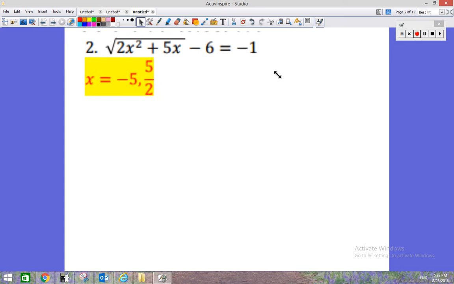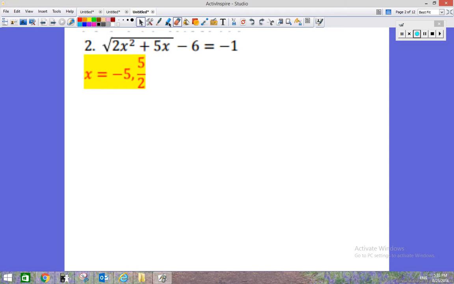In the next one, I don't want to jump in and square both sides of the equation right now because the term that has my radical is not by itself. I need to add 6 to both sides of this equation. And negative 1 plus 6 is 5.